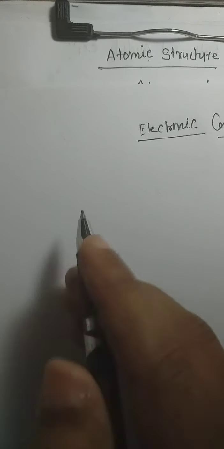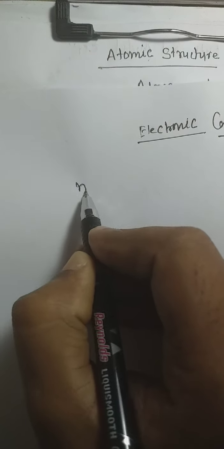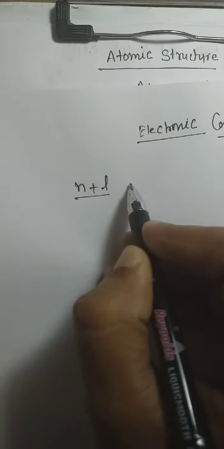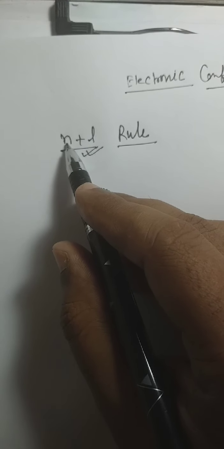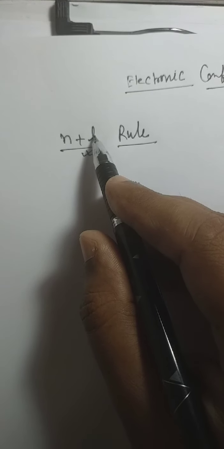To find the increasing energy level, we will calculate the value of n plus l, the rule we studied in the previous class, where n stands for the principal quantum number and l stands for the azimuthal quantum number. Energy is calculated with the help of both values.